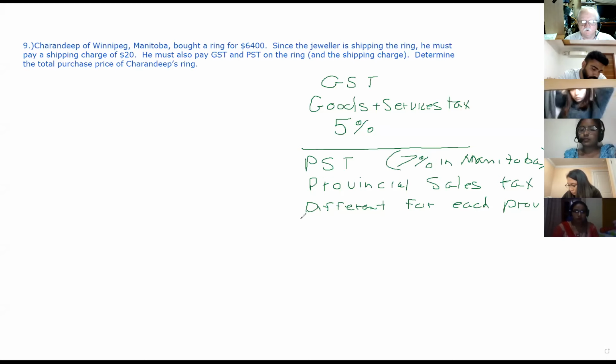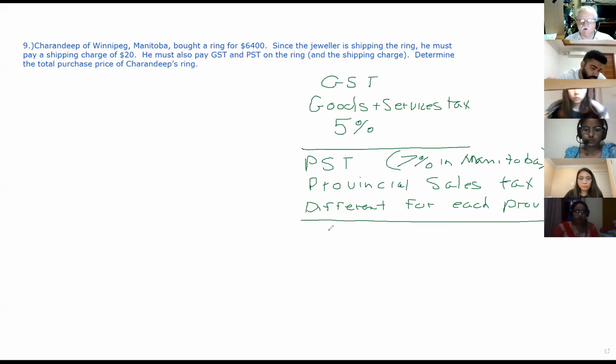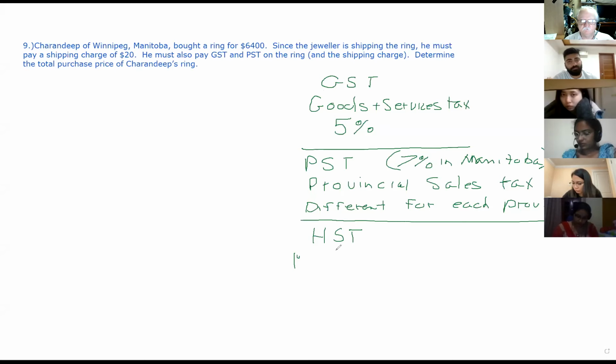So the other kind of tax we have is called the HST, which stands for harmonized sales tax.